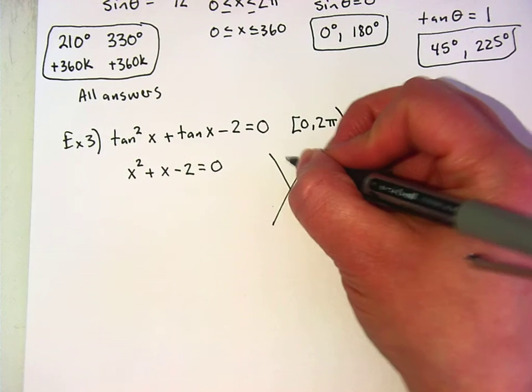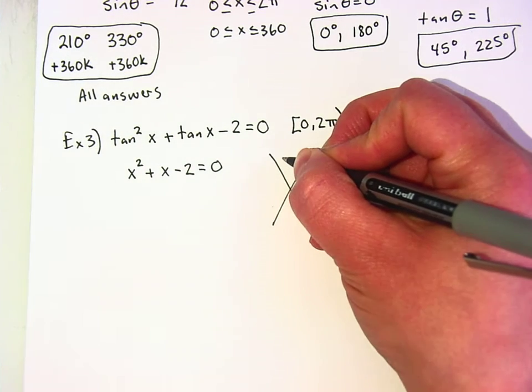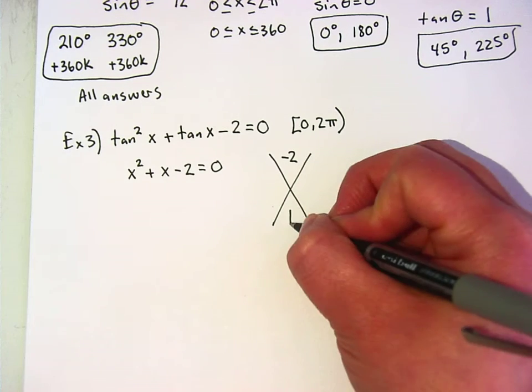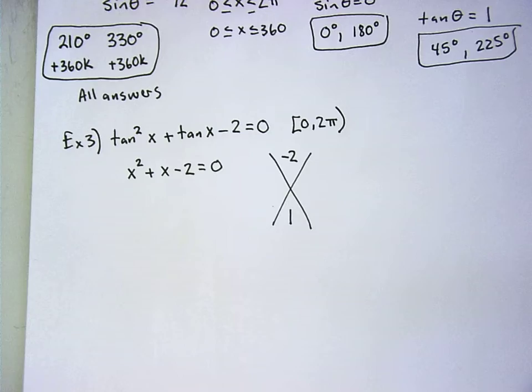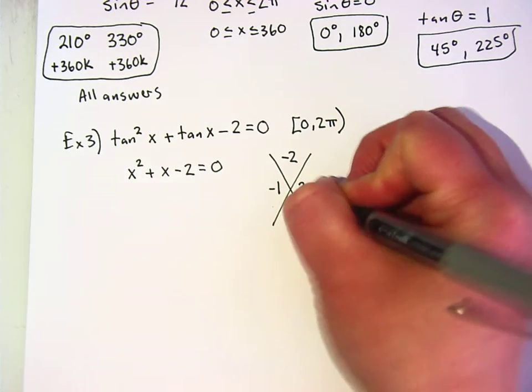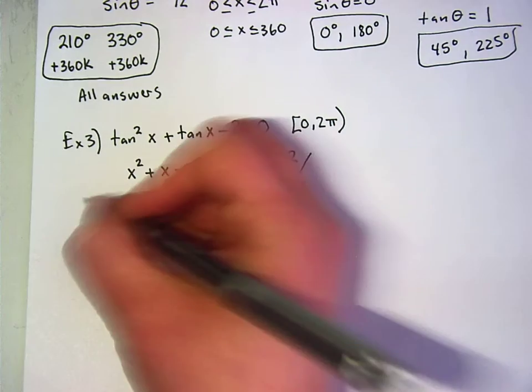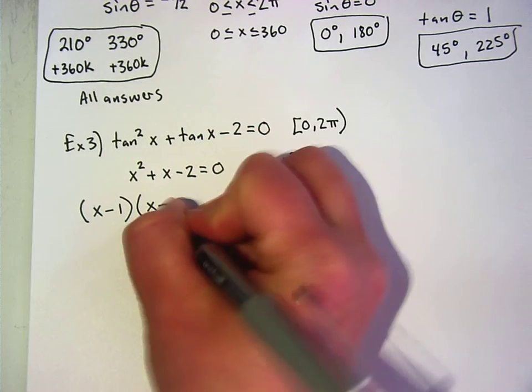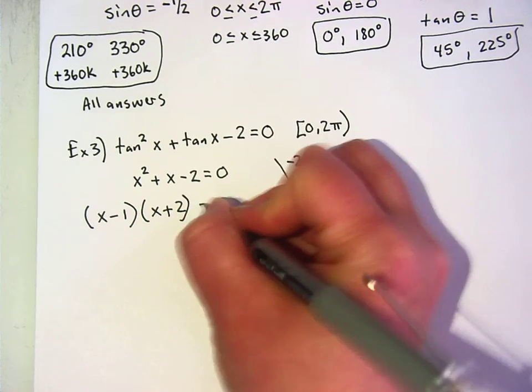What goes on top? -2 on the bottom? 1. We're looking for two things that multiply to get -2, but add to get 1. -1 and +2, right? So this is like x minus 1 and x plus 2 equals 0.